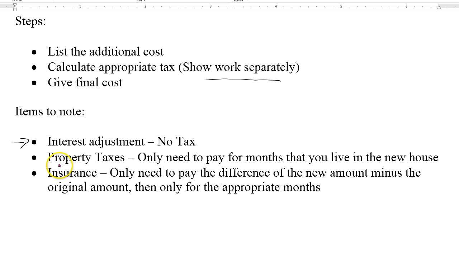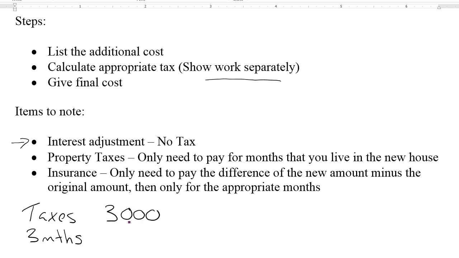Property taxes. We've already looked at property taxes being an annual amount. So when we come up to property taxes, we're only going to be responsible for the number of months we live in the house. For example, if our property taxes are, just to use a number here, $3,000, and we live in the house for, I don't know, 3 months, we're only responsible for 3 months of that.